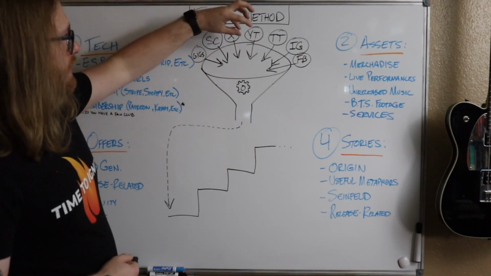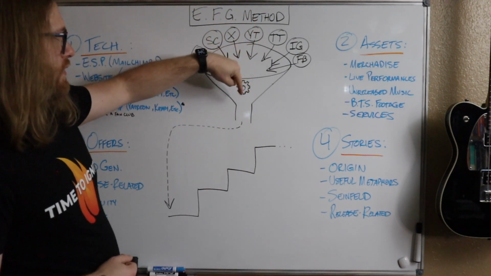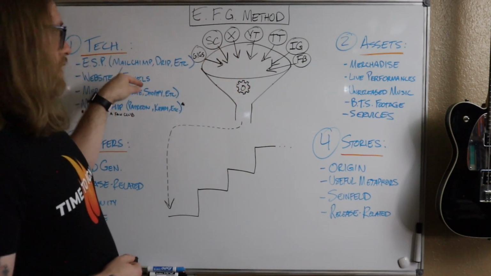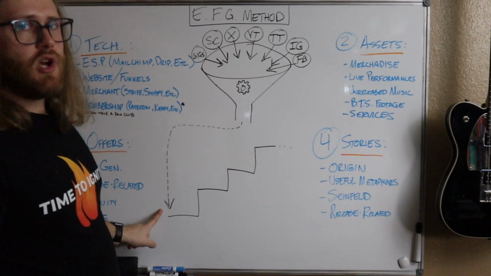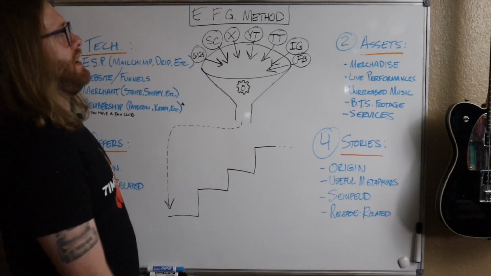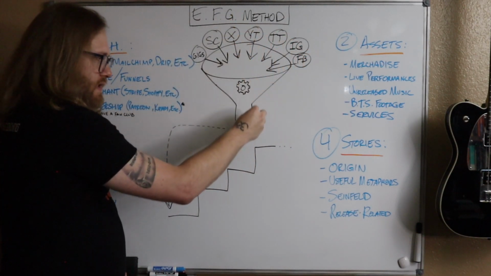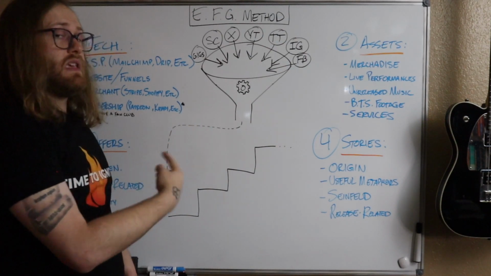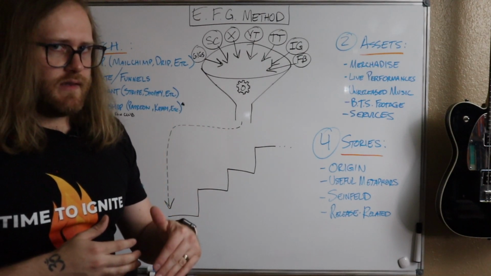We use that to get them into a little automated integration software, whether that's with MailChimp and our funnels or whatever, that sends them the first offer, or gives them the first offer in most cases, because you kind of pitch the offer here, and when they say, yeah, I'd want that, they go into this that starts giving them emails, okay? So the lead gen offer is designed to get people into the list.